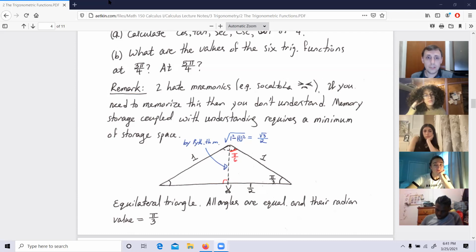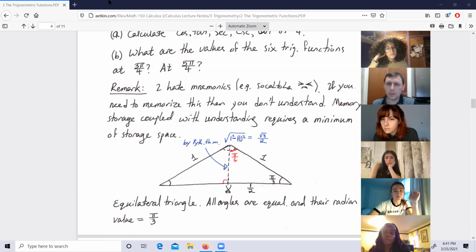Very good. Now, 1/2 of what, please? Cosine of pi over 3 is 1/2.